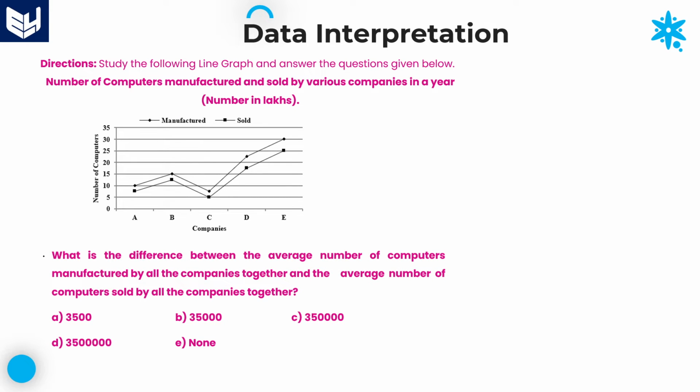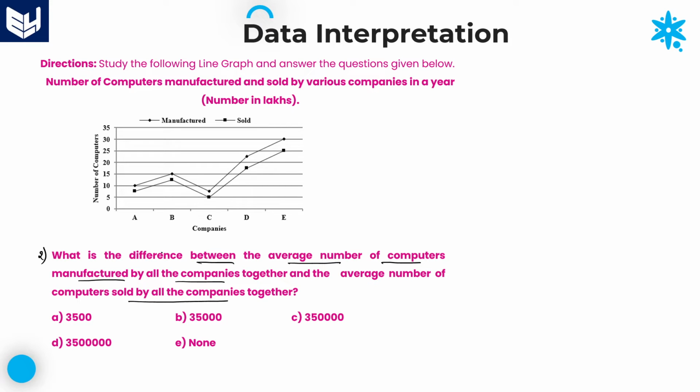Let us look at the second question. Here the second question is, what is the difference between the average number of computers manufactured by all the companies together and the average number of computers sold by all the companies together?